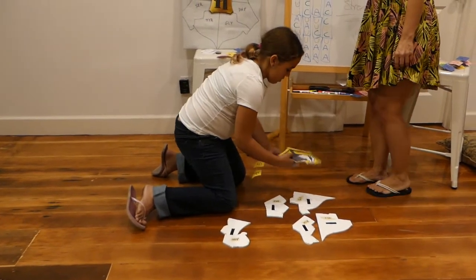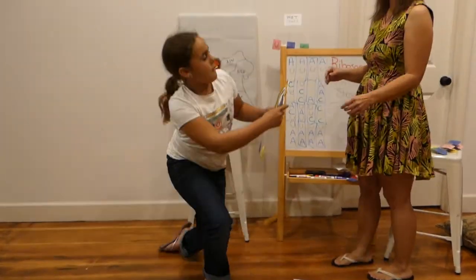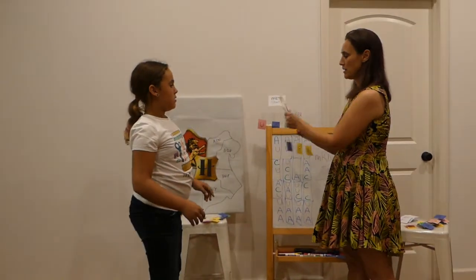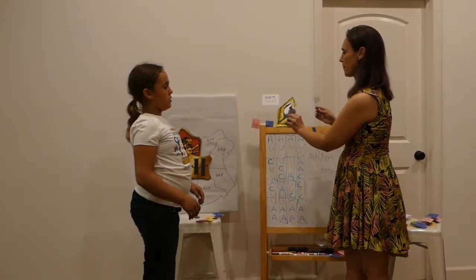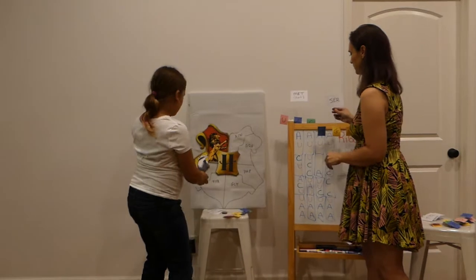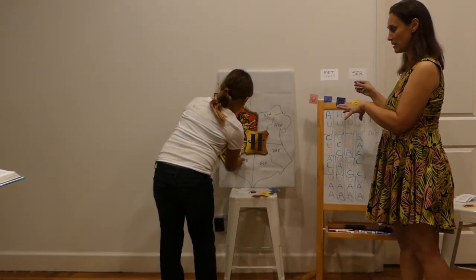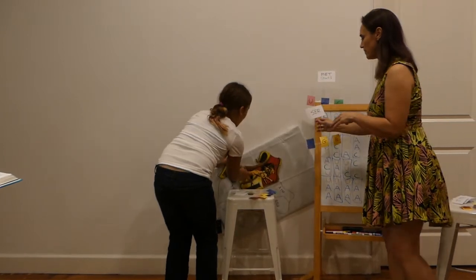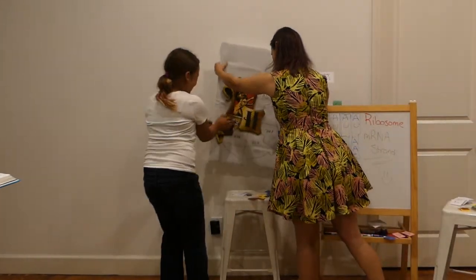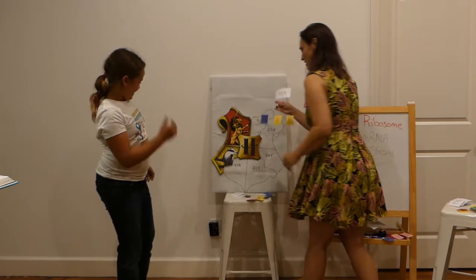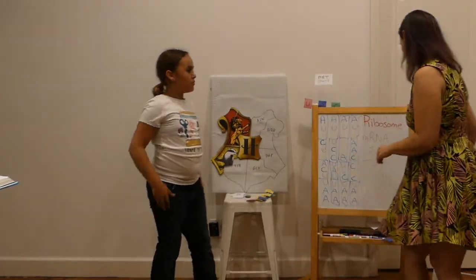It finds the amino acid that matches SER. Here it is. SER, SER. Put it in place. And as soon as the ribosome takes the amino acid off, the transfer RNA goes back into the cytoplasm.